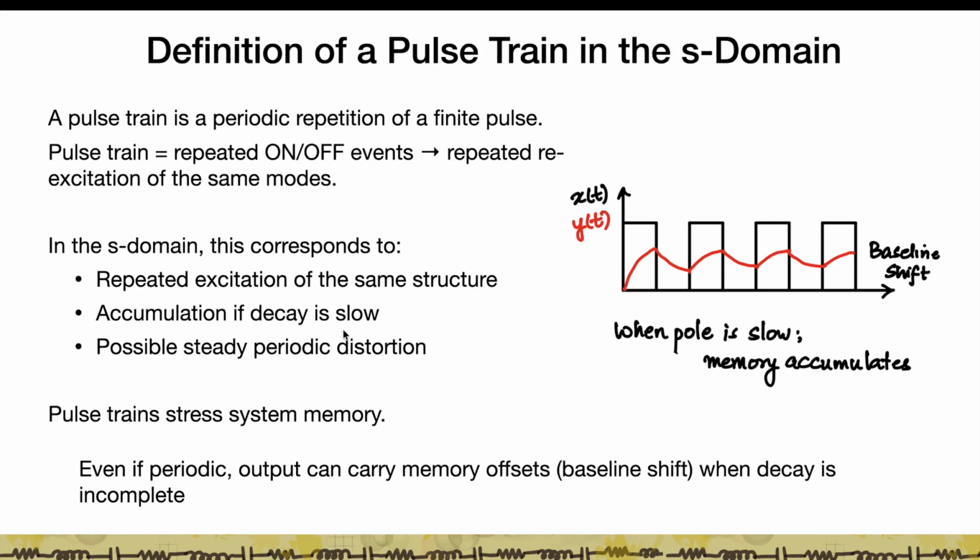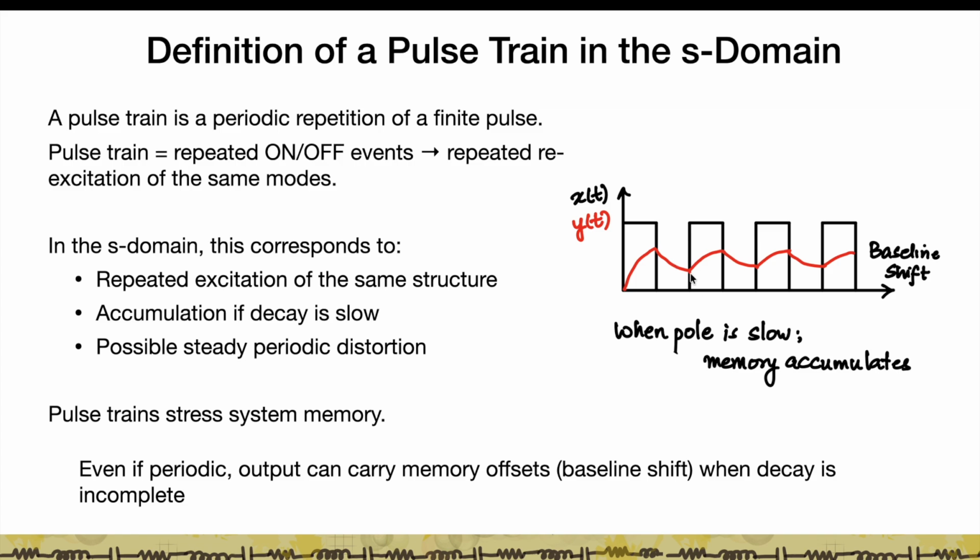Now pulse trains. A pulse train is just a pulse repeated periodically. But that repetition fundamentally changes the behavior compared to a single pulse. Because now you have not just two events, but an infinite sequence of on and off events. If the system is fast, meaning it decays quickly between pulses, then each pulse response is mostly isolated. The output looks like a repeated, clean transient. But if the system is slow, the dominant pole near the origin, then the decay between the pulses is incomplete.